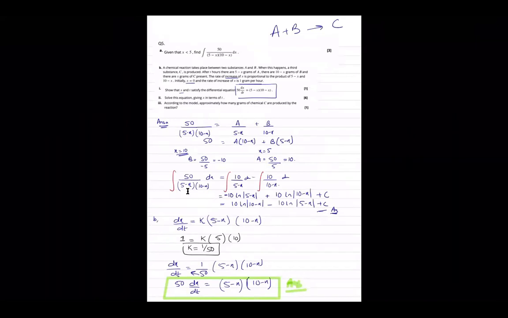So after certain hours, there are 5 minus x grams of A, 10 minus x grams of B, and x grams of C. As the time is going to increase, A and B are going to be completely converted into C. So according to this model, approximately how many grams of chemical C are produced by the reaction?